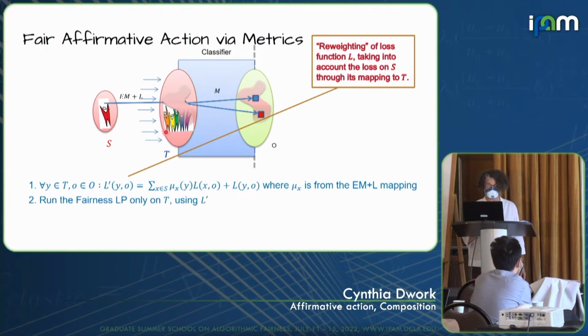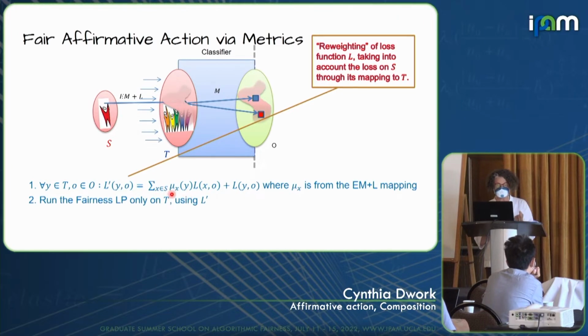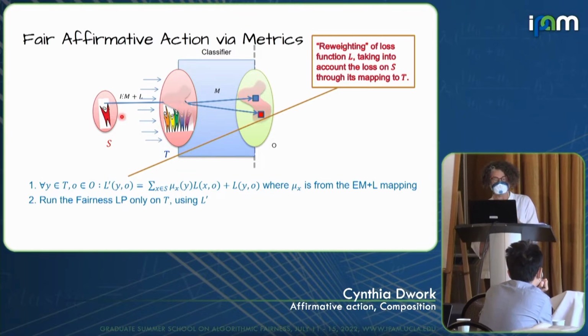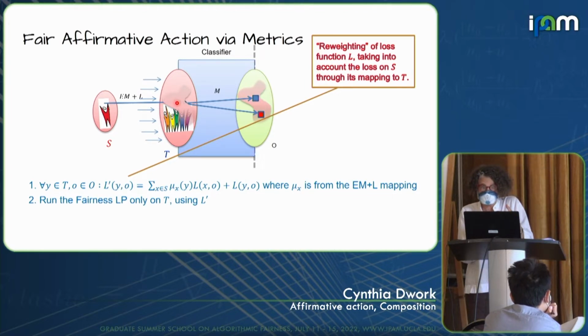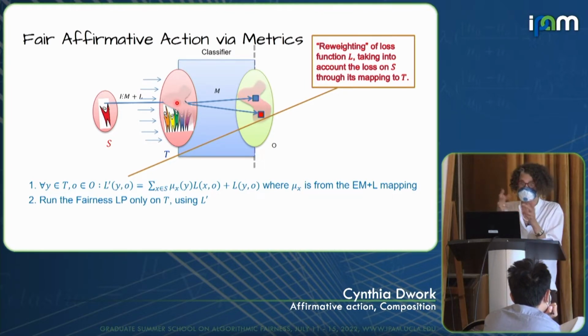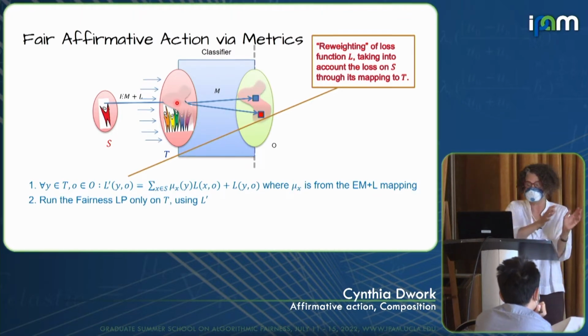For every y and for every outcome, our new loss is defined as the sum over all x in S of the probability that individual x is mapped to this particular y, times the loss function incurred by mapping that y to the outcome O. So T is now a representative, and the actual loss of mapping it depends in part on what parts of S it came from.